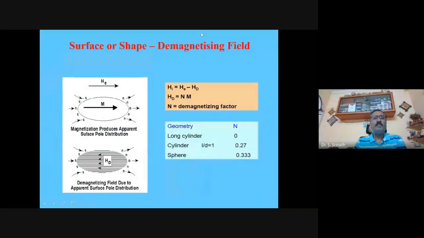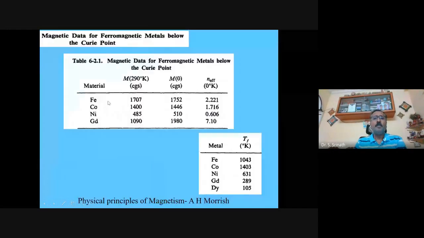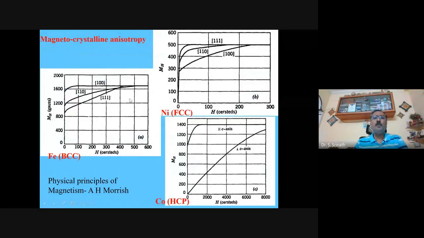I just want to introduce a term here. These two have cubic anisotropy. That is why there are multiple directions in which the spins can orient, and the energy is the same for all along the 100 family. But for C, it is only one axis.